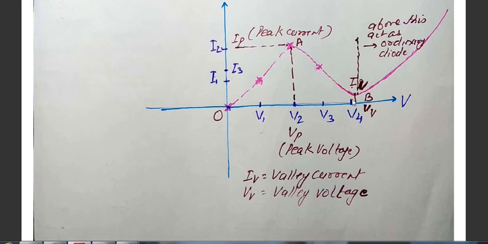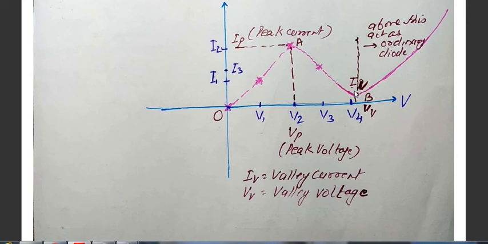And the most important applications of tunnel diode are based on the negative resistance which it offers, between point A and point B.